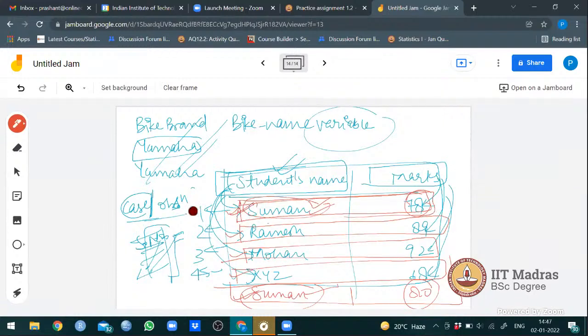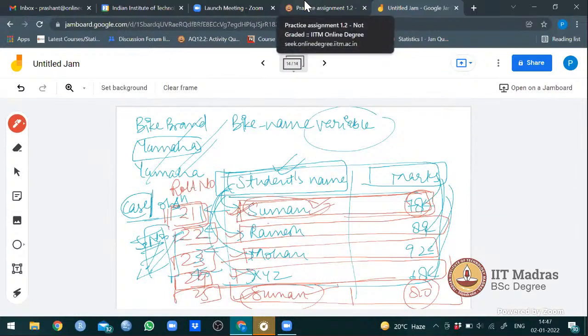Suppose there is another column of roll number. One has roll number 21, another 22, then 23, 24, 25. In that situation, roll number will be the cases, because it is unique. Since Suman is repeated twice, Suman is not a case here.